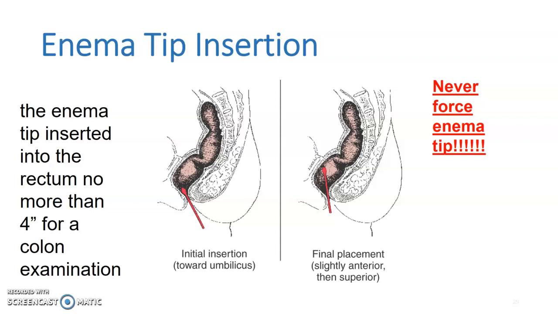So if you're getting some resistance, I say hold off, we need to get someone else in here. But your initial insertion is toward the umbilicus, so it's kind of forward here, right? And then your placement is going to be slightly anterior and then superior. So going to kind of kick around and up. Okay.